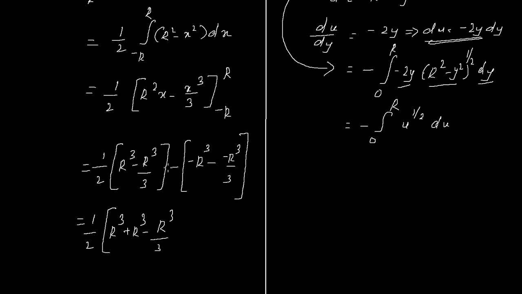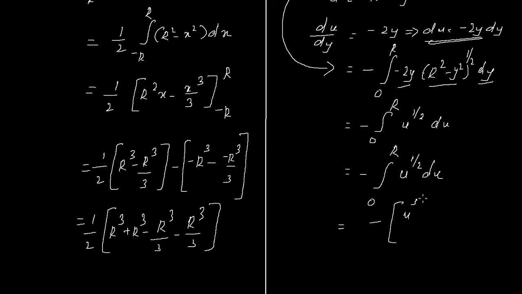And here you have minus integral 0 to r u raised to 1 by 2 du, and that will give you minus u raised to 3 by 2 over 3 by 2 within limits 0 to r.